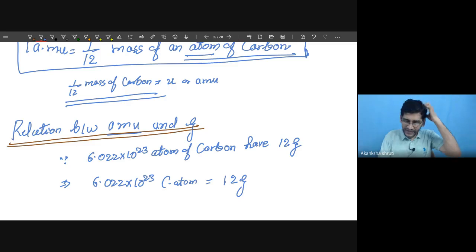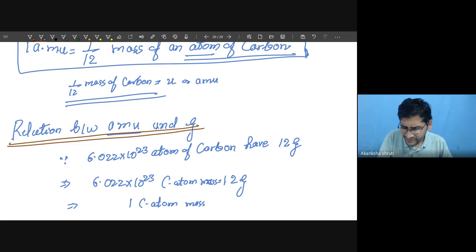So if we take one carbon atom, then what becomes the mass? One carbon atom mass is equal to how much? This much has to be brought into the denominator of this 12.